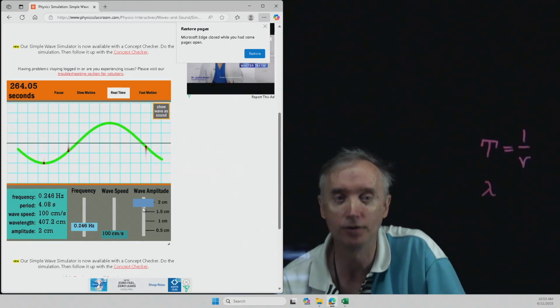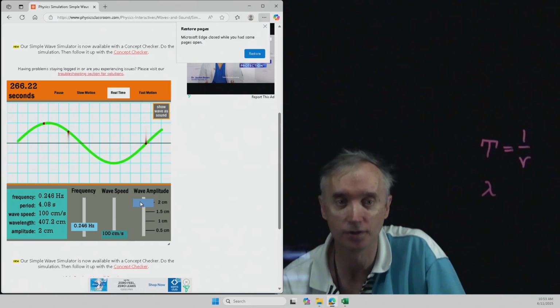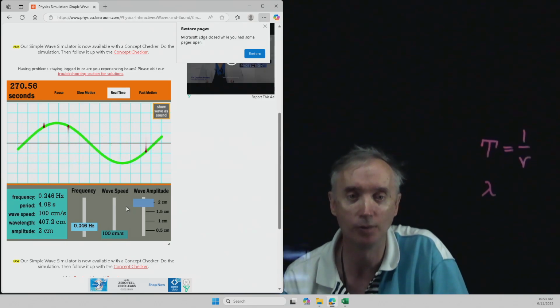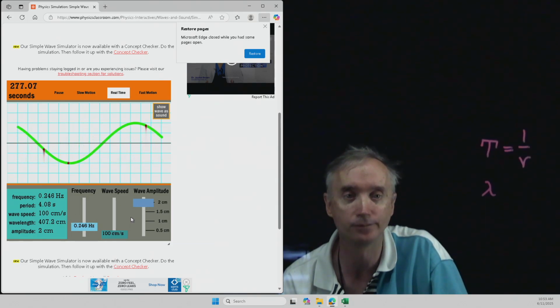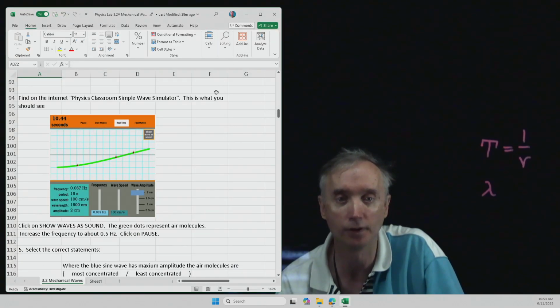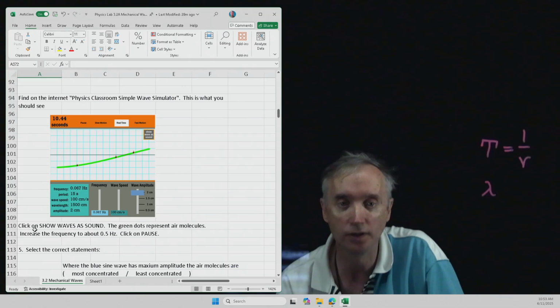And then over here you've got the amplitude, which is the size of the wave. So you might want to just play around with these three things and see what happens when you do that.